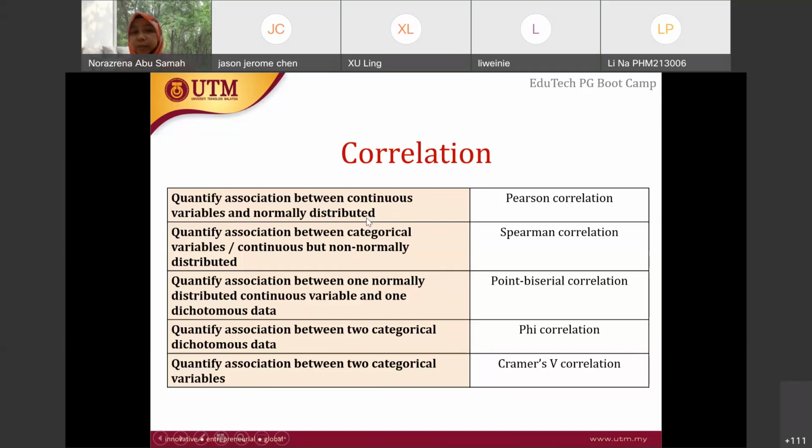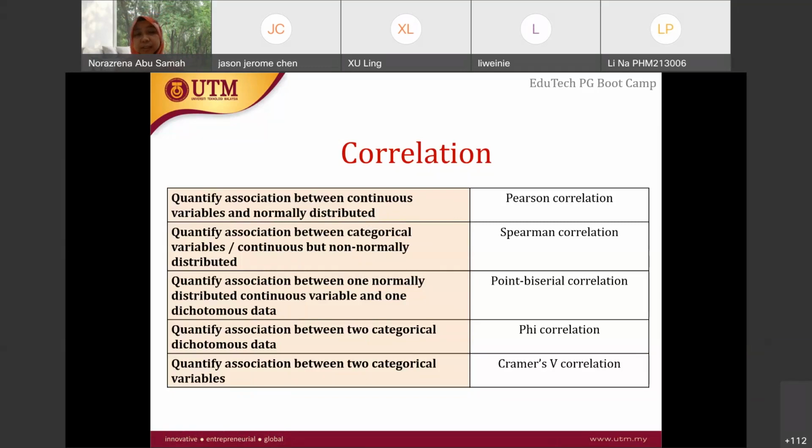If one of the variables is not normally distributed, you cannot run the Pearson correlation. It is wrong, so please bear that in mind. Let's say you want to find the relationship between, for example, test scores.